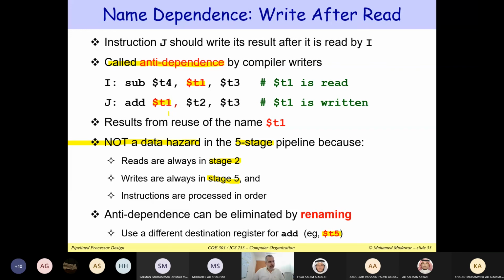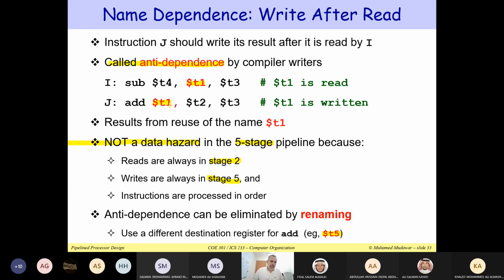And if you would like to have a more advanced pipeline, there is no dependence at all between I and J. You can even allow them to execute and to complete in parallel. And if you would like to have a superscalar processor in which 2 instructions can execute during the same cycle, and 2 of them can write back during the same cycle, this can be done if the instructions are completely independent.